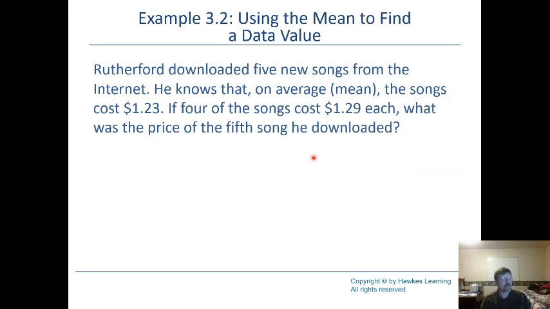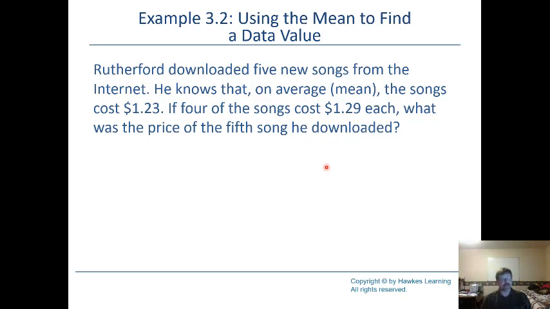Okay, we can also use the mean to find a value. So if you know the average cost of a song, for example, and you know that 4 of the songs cost $129. You've got 5 songs, so 4 times 129 plus x, whatever the last song is, divided by our 5 songs.